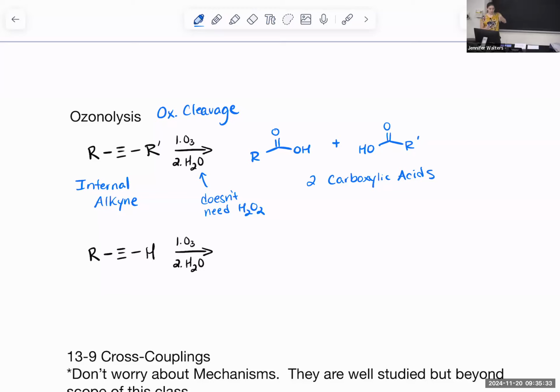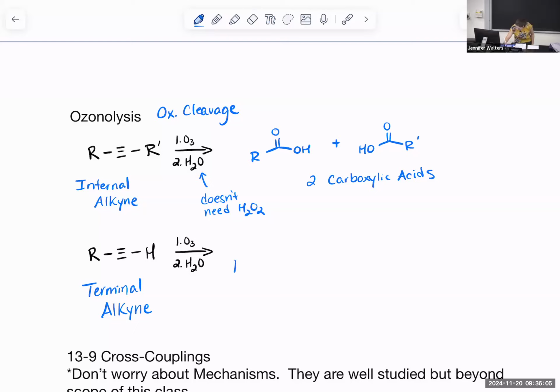So it'll just cut it in half, carboxylic acid on each side where you originally had your alkyne. If you have a terminal alkyne, so the alkyne is on the end, you have a hydrogen on one side, we're only going to actually see one product.